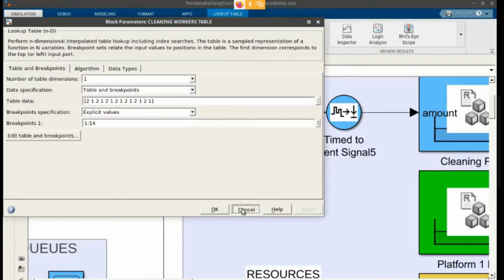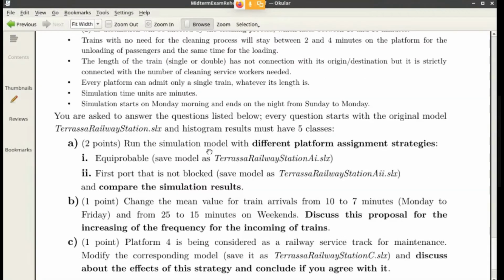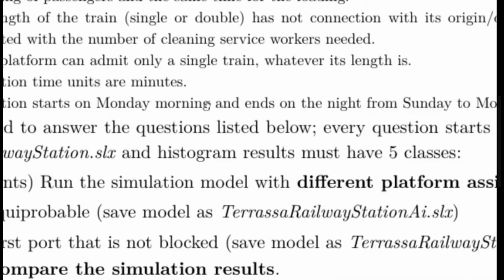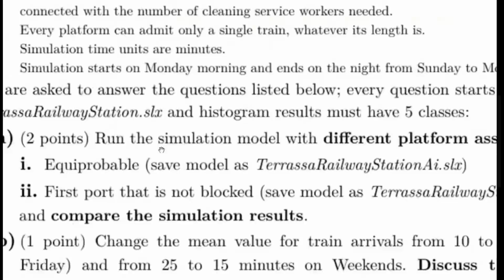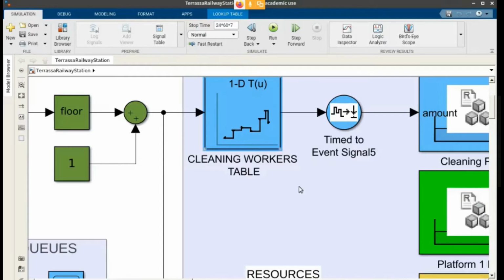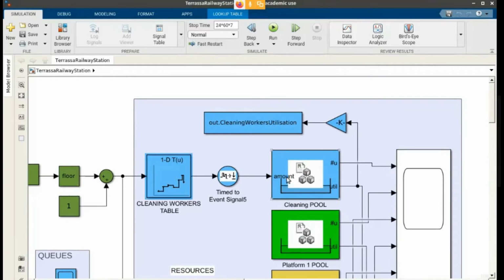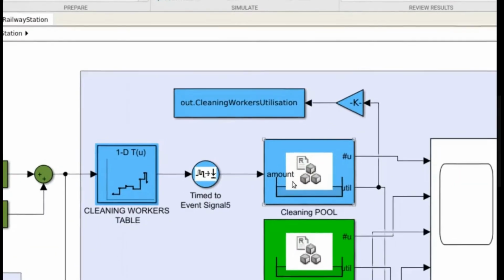Then remember that the statement of the problem told us that simulation starts on Monday morning and ends on the night from Sunday to Monday, right? Fine. So here we have the amount of resources, the amount of cleaning workers, right?